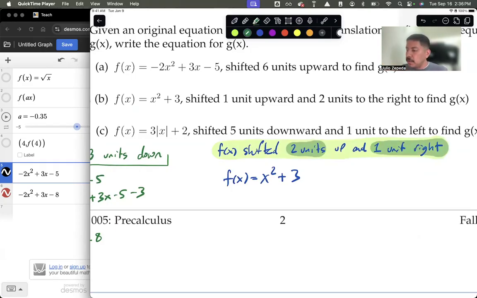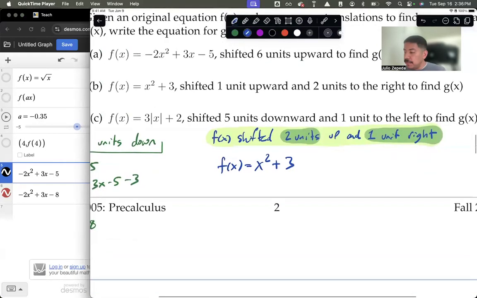Okay, so if we looked at the notation from the previous PDF that we were looking at the beginning of this video, g of x is going to be just the original function shifted 2 units up, and 1 unit to the right.